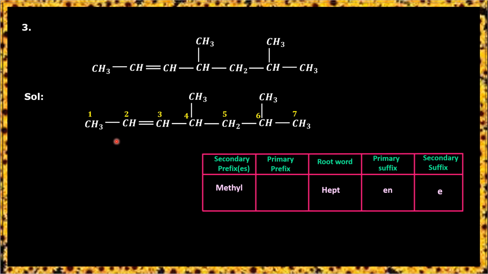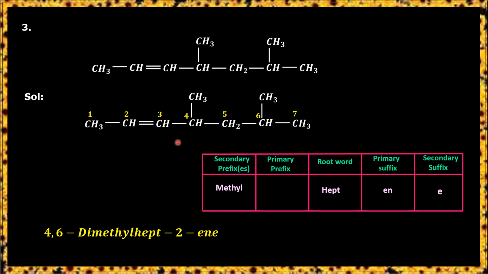So the IUPAC name of this compound is 4,6-dimethyl hept-2-ene.